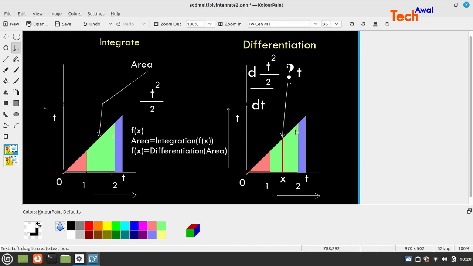So this is how we denote differentiation, that is d(t square) by dt. If that is the case, then it comes to t, because this is the reverse of the integration. So this is the concept of differentiation.